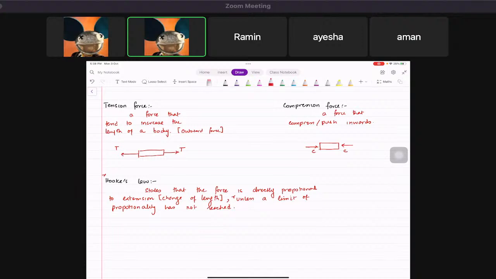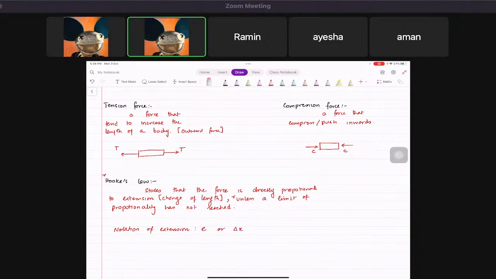Okay. Now, generally in your exam you will find the extension symbol. I wanted to bring this out because this is important. Generally, the notation of extension is either E or delta X or just X, right?